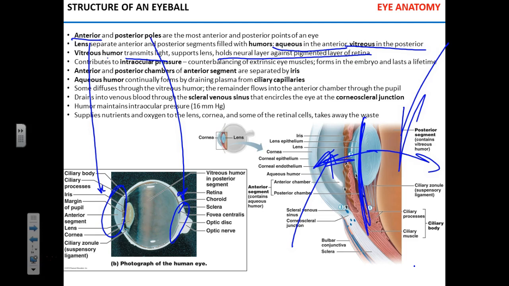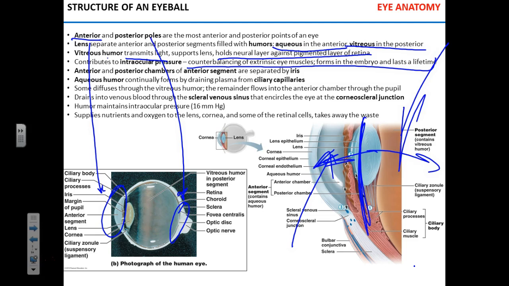One of its contributions is intraocular pressure. Think about this. You have six eye muscles that are constantly pulling on the eyeball. If there were no pressure from the inside, the eyeball would just collapse. Think about the eye as a little ball that is partially filled with something like jello.